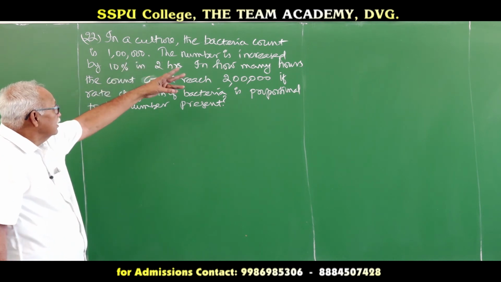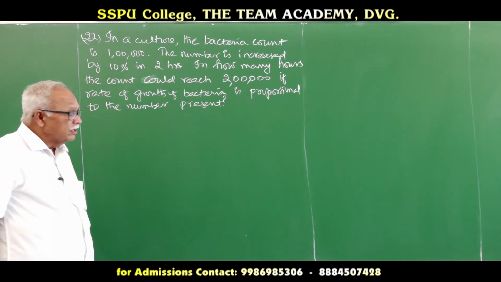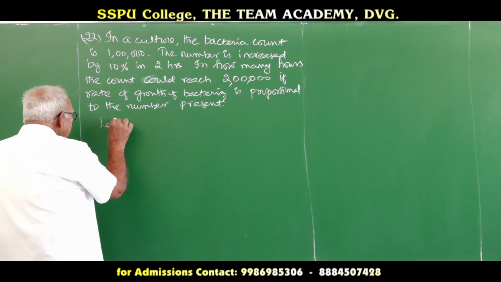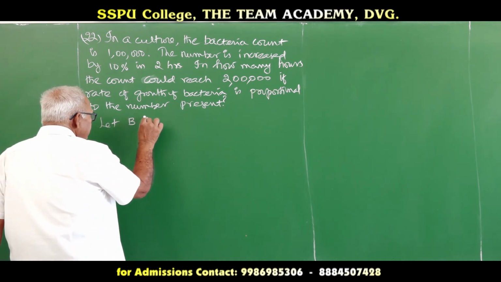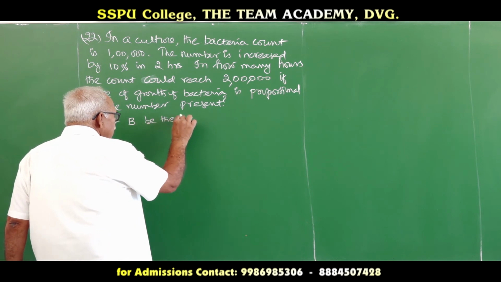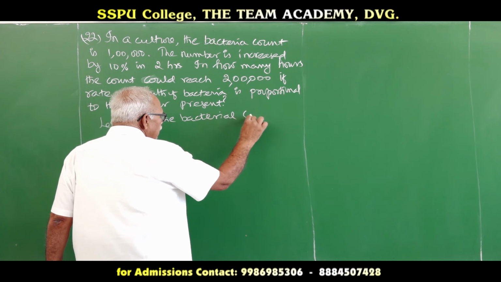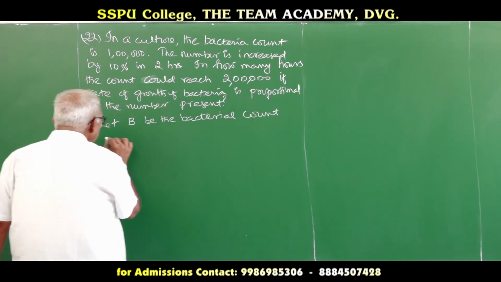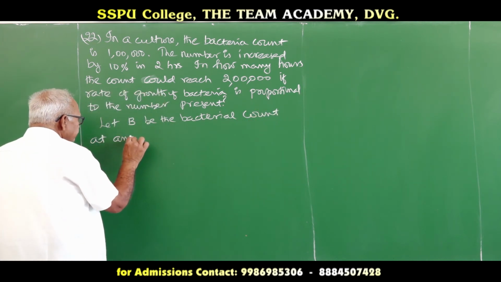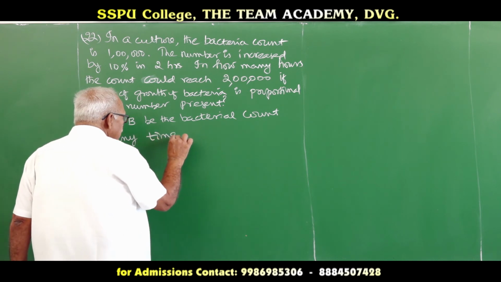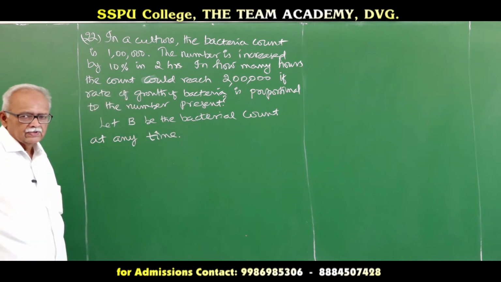So in a culture the bacteria count is 1000. Now let B be the bacterial count at any time t.